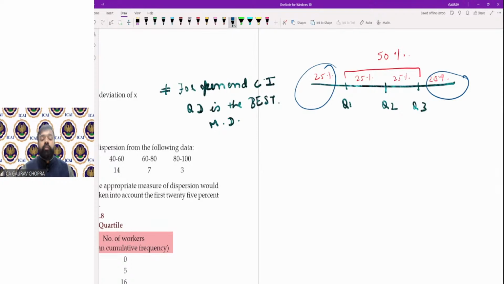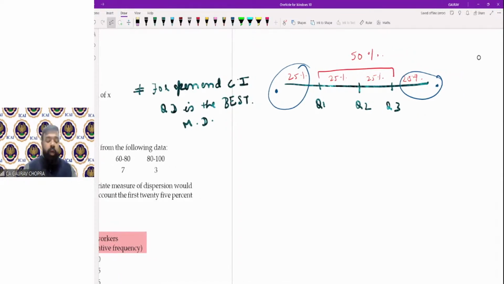तो क्वार्टाइल डेविएशन इज बेस्ड ऑन द मिडल 50% ऑफ ऑब्जर्वेशन. तो जब भी सीरीज ओपन एंडेड होगी, इट इज ओपन फ्रॉम द बिगिनिंग और ओपन फ्रॉम द एंडिंग. तो दैट्स वाई उसका क्वार्टाइल डिवीजन पे कोई इंपैक्ट नहीं आता है. अगर सीरीज ओपन एंडेड भी है तो उसका क्वार्टाइल डिविएशन सेम रहेगा. देयर विल बी नो इम्पैक्ट.